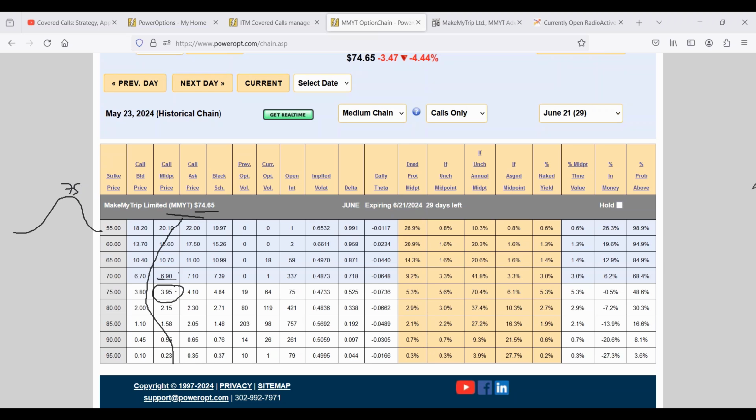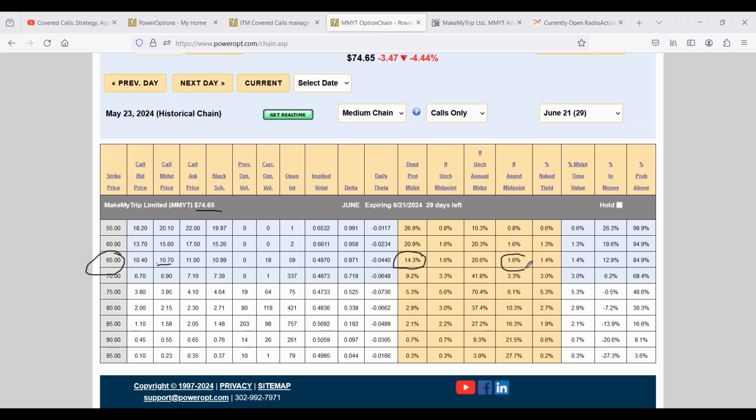But comparing the different positions, of course, just going back one step, why would I even use an in the money covered call? Why would I sell the 65 strike at this time when the stock was at 74.65? Well, I might not have, honestly, but I'm getting a premium of 10.70. I have a 14% downside protection, meaning the stock can drop 14% before I'm losing money on the position.